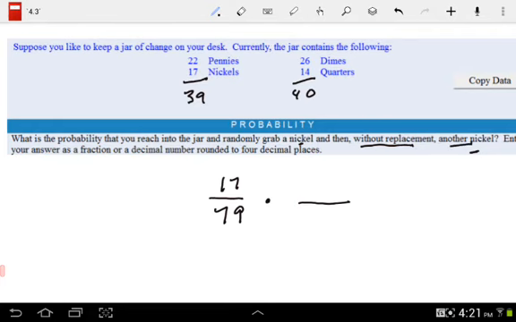Now we have to keep in mind that it's given that we've already pulled out one nickel, so that only leaves us with 16 nickels left, and it only leaves me with 78 total coins left in the jar. So we multiply this out here, and then that's going to give you your answer.